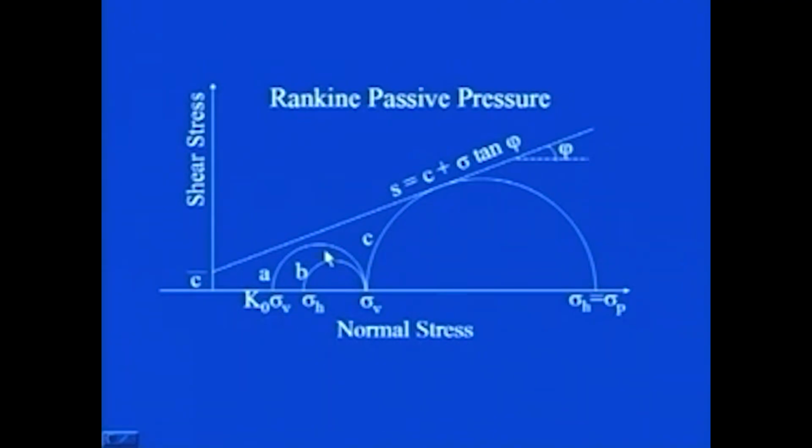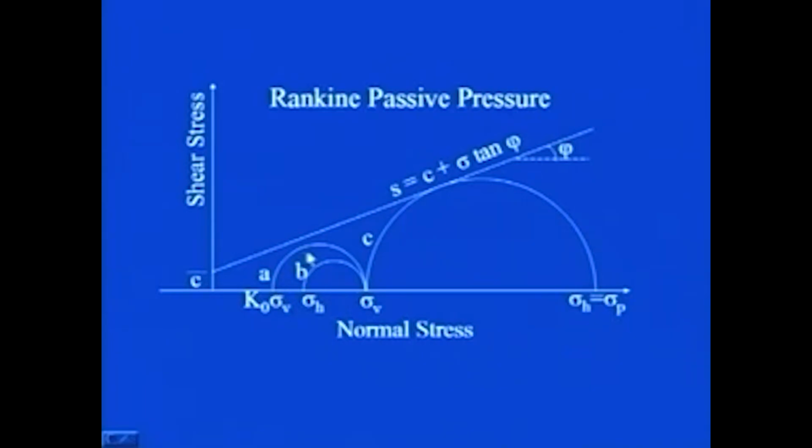As the wall starts moving towards the soil, the wall displacement is increasing. In the passive case, the size of the Mohr circle goes on reducing.